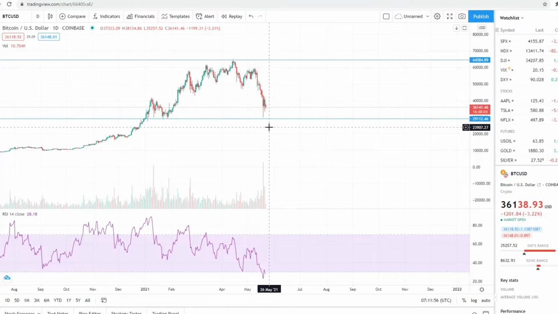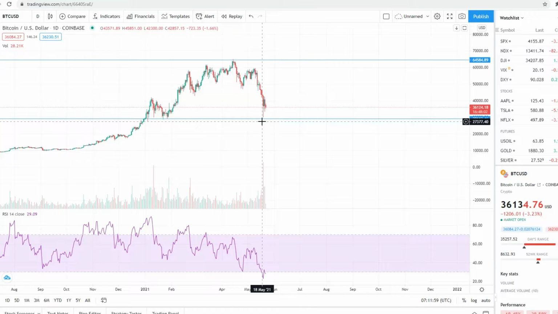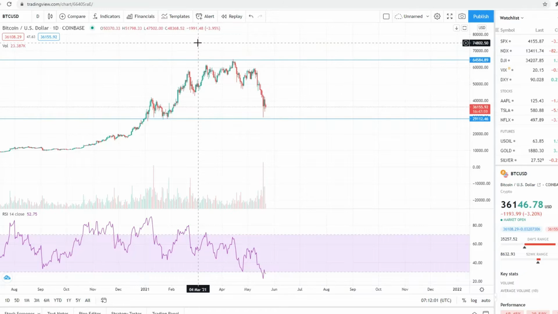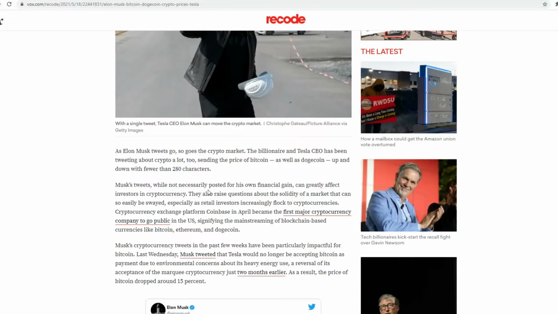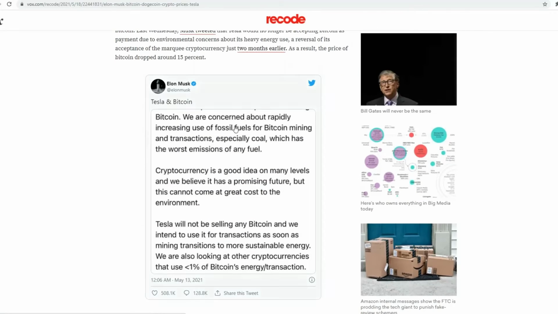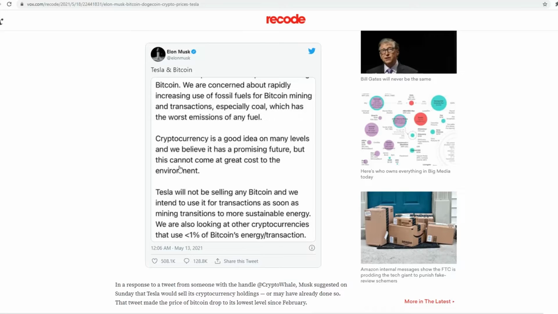Now let's see the reasoning behind what's happened. What's powered this move to the downside? Well, we heard news such as Elon Musk came out with a host of tweets, a few days ago on the 13th of May, saying that we're concerned about the rapidly increasing use of fossil fuels for Bitcoin mining and transactions, especially coal, which is the worst emissions of any fuel.